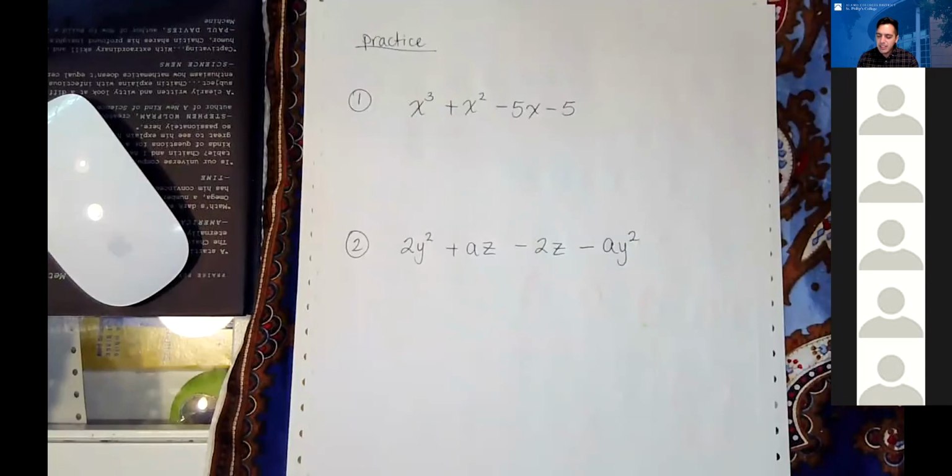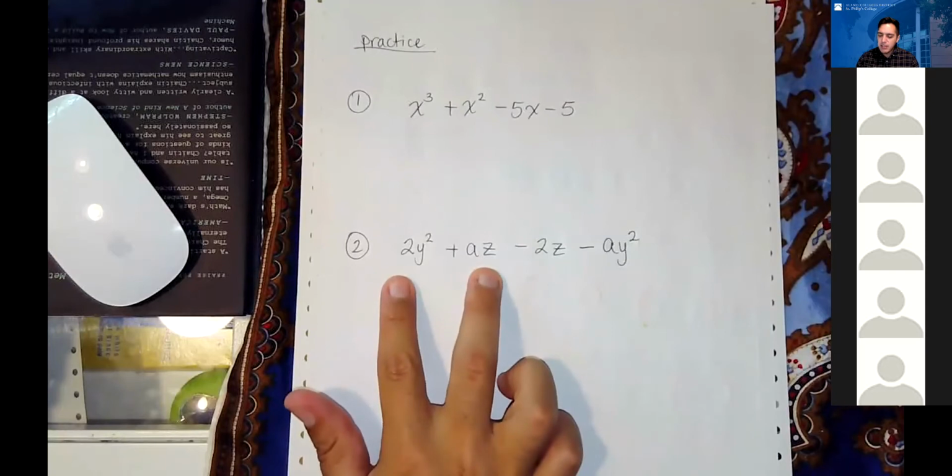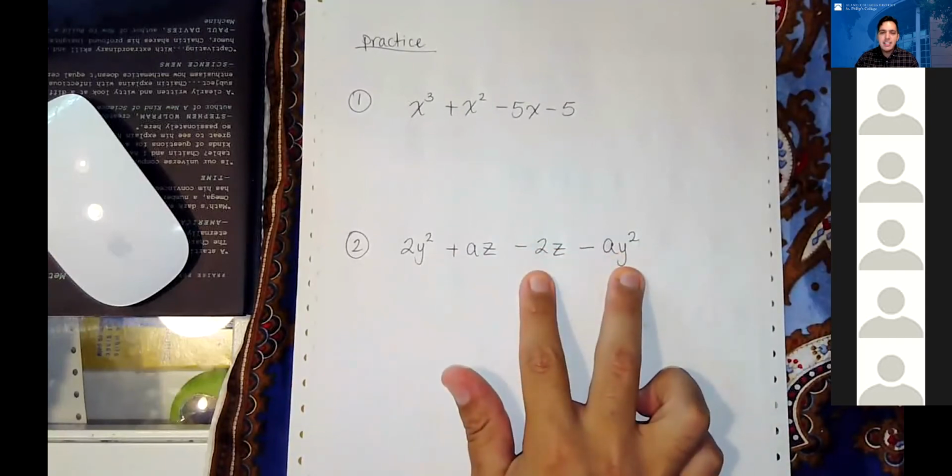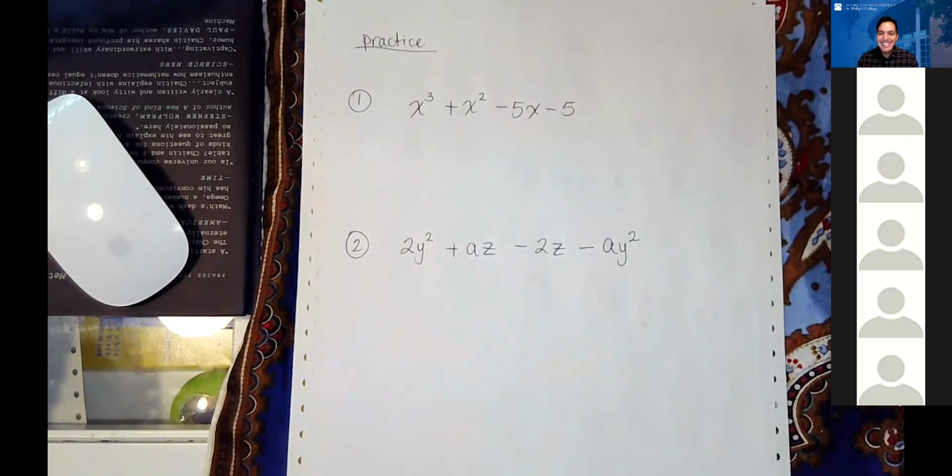Oh, I can see your issue. Because these two terms don't have anything in common, right? Yeah, I see it now. So the trick is that you're not going to be able to, for every case, just throw parentheses on the first two terms and the second two terms.